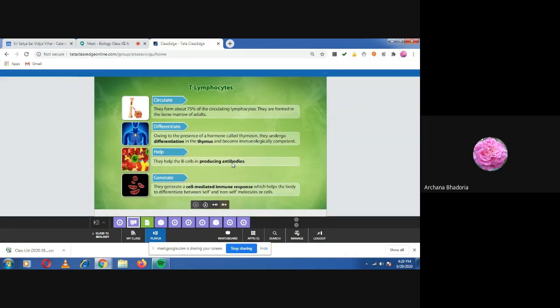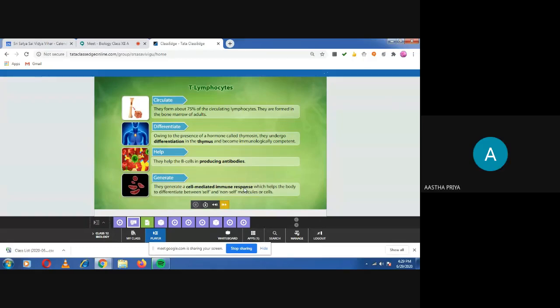Noting everyone? Note down. And then what do they do? They generate a cell mediated immune response.